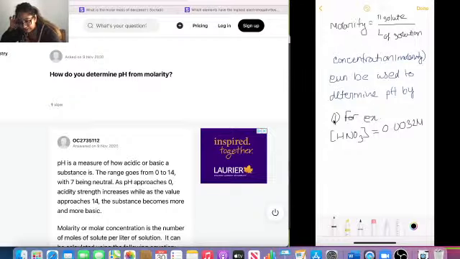And since HNO3, nitric acid, is a very strong acid, it will completely dissociate into your protons and your nitrate ions.